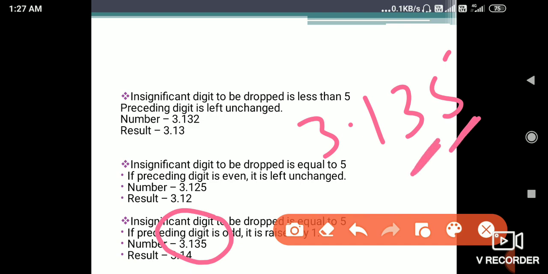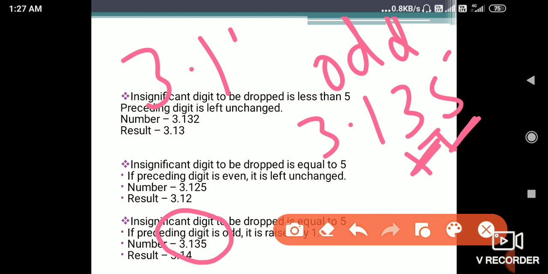Now you have to see the preceding digit, it is 3, and 3 is not an even number because it can't be cleanly divided by 2. So in this case, if the number is odd, then there should be an addition of 1. Here the preceding digit is 3, it is odd, so you simply add 1 and the result will be 3.14.